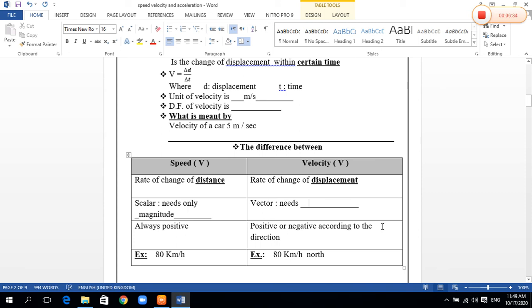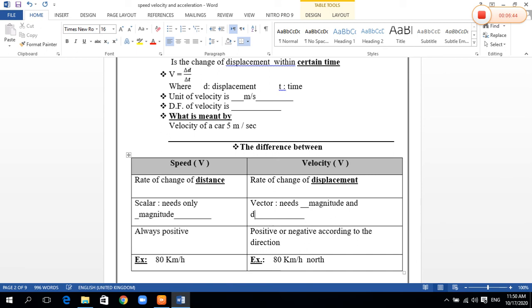But velocity is a vector physical quantity, needing magnitude and direction to be expressed. Simply, the velocity is a speed but with a direction.